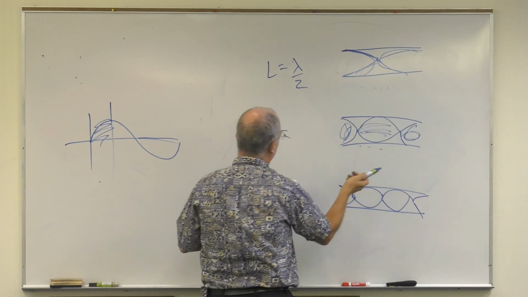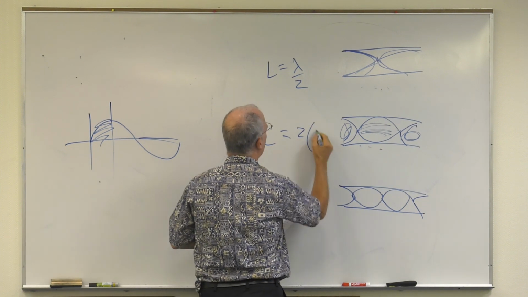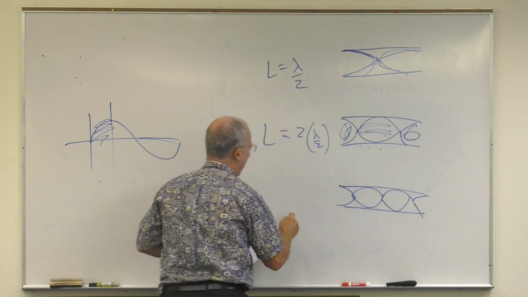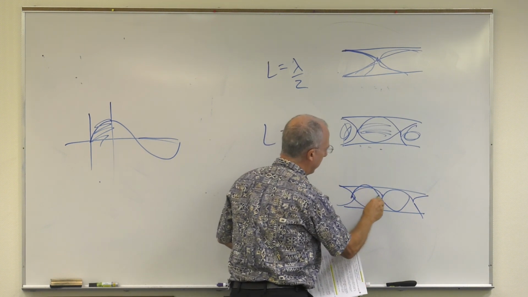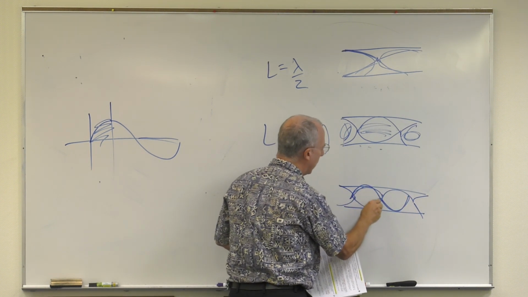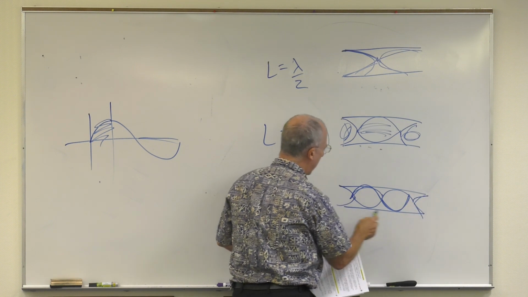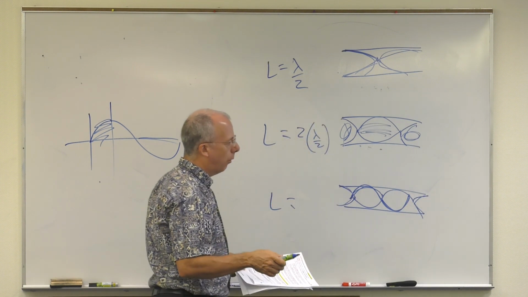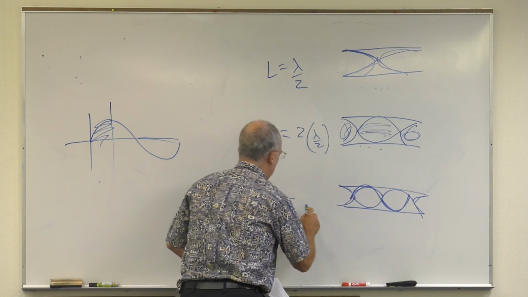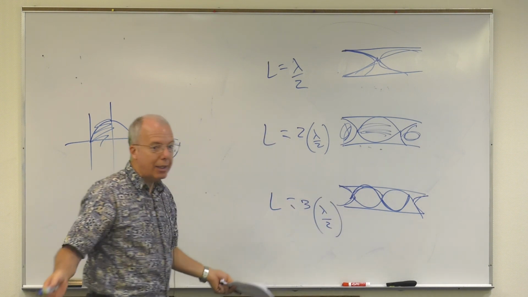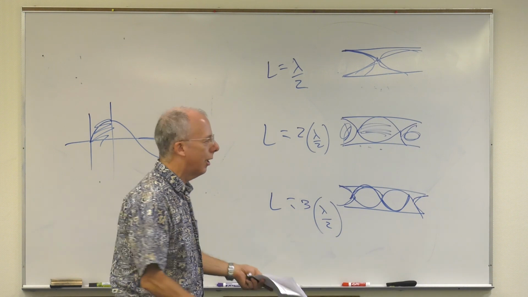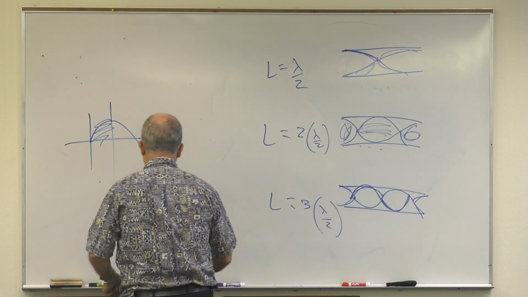So we just have lambda, right? So we have 2 lambda over 2. Okay, this one. This whole thing is one wavelength, and this is a fourth of a wavelength. So 1 plus a fourth is 1.25... so we have 3 lambda over 2. See how easy it is? You're just drawing pictures.